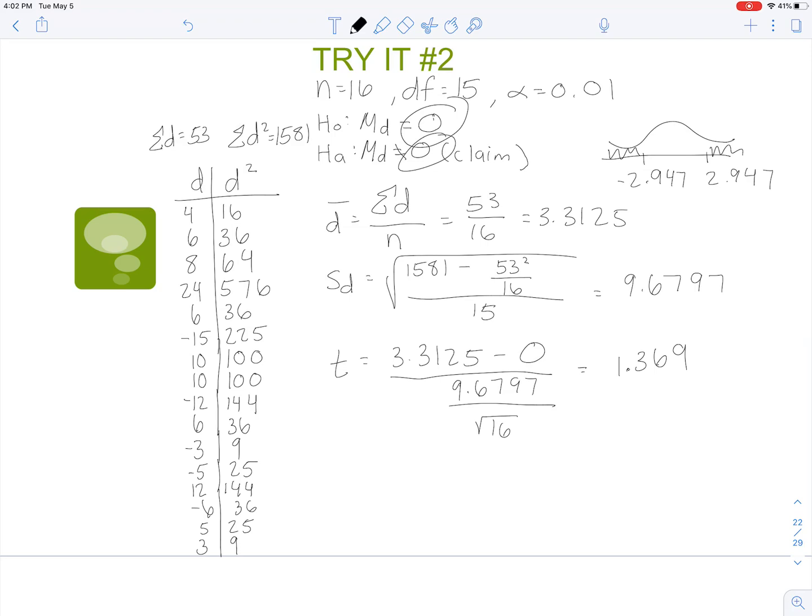So looking at this, it is not in the rejection region, so I would say fail to reject H sub O. And since I'm not rejecting H sub O, it's not the only thing left. So I would say not enough evidence at 1% to support the claim.